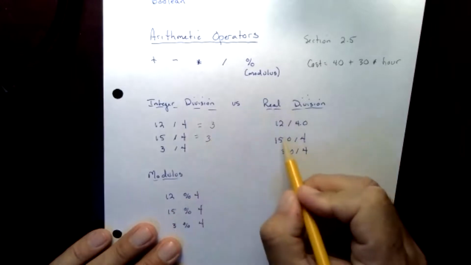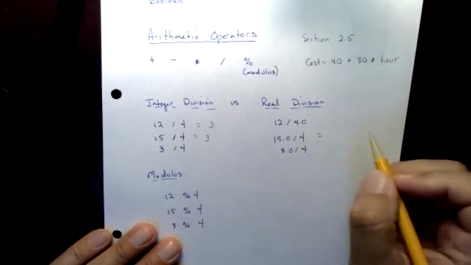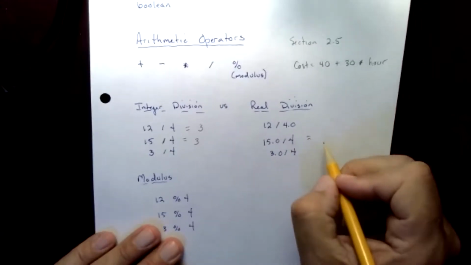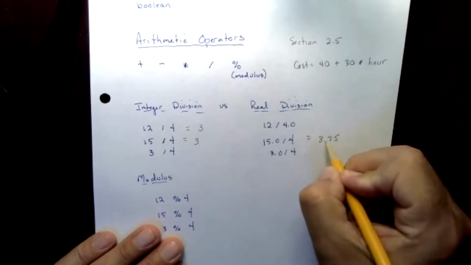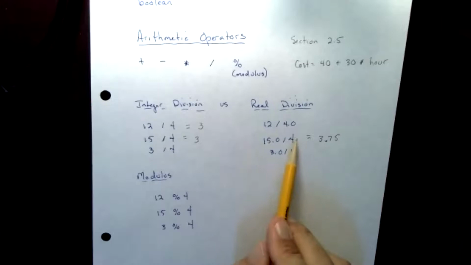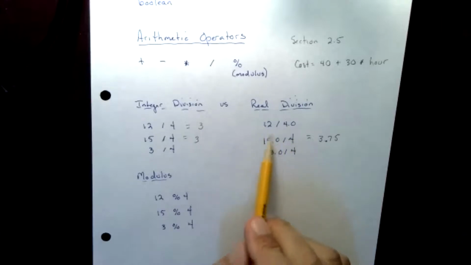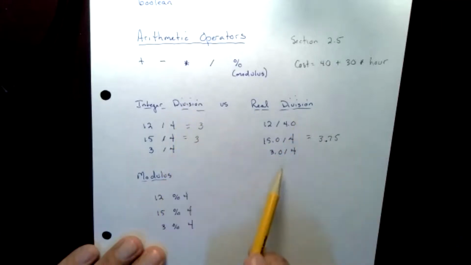Now, if I jump over here and one of these is a real and the other's an integer, what's that answer going to be? 3.75. Yeah, now it gives me a real answer. So when I mix data types, it goes with the data type that uses the most memory. The chart we looked at a few moments ago said reals use the most memory. So we have integer division, we have real division.